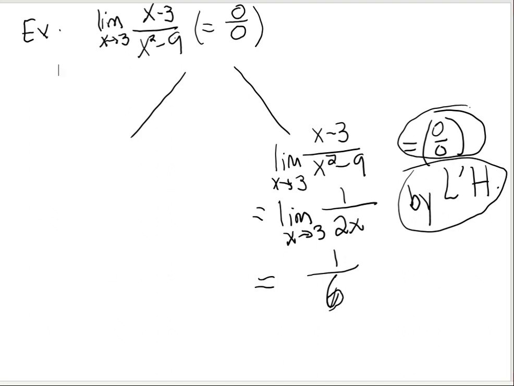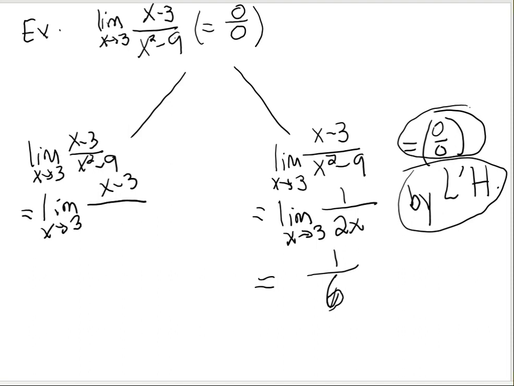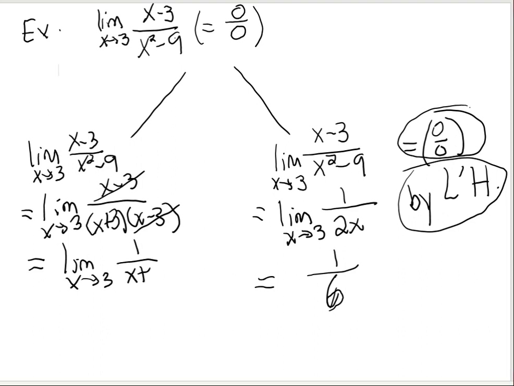Okay. Now if we would do algebra here and do just our methods from chapter 2, what do we get? Well, we have the limit as x goes to 3 of (x minus 3) over (x squared minus 9), which factors, the denominator factors into (x minus 3)(x plus 3), and you get these two cancel, giving you the limit as x goes to 3 of 1 over x plus 3, which is 1/6.